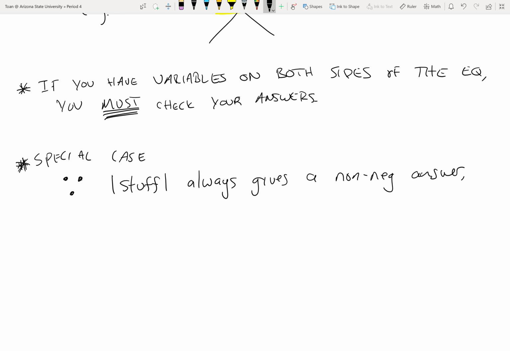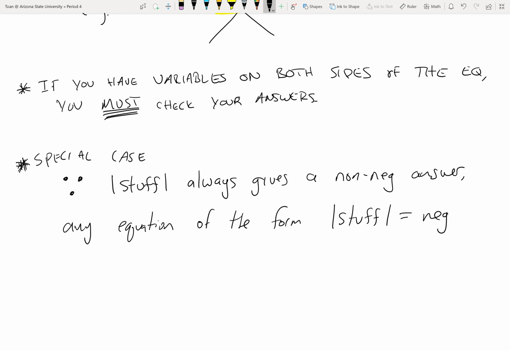Whatever you put inside of absolute value, you're guaranteed to get either 0 or a positive number out. It will never give you a negative answer. Any equation of the form absolute value of stuff equaling a negative is no solution. Right. Just a little heads up there.